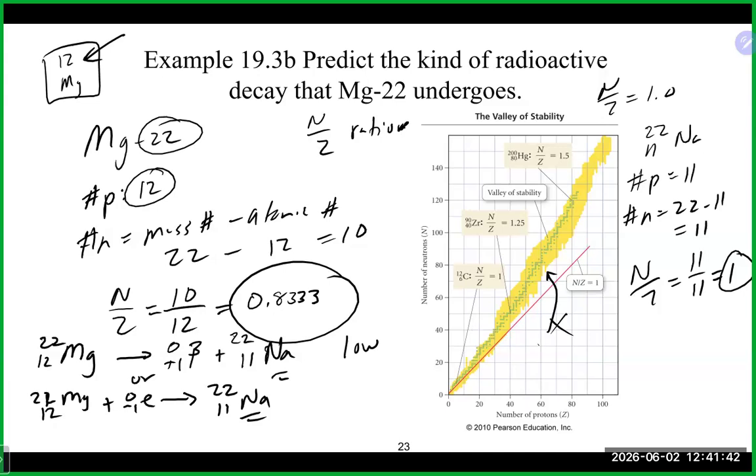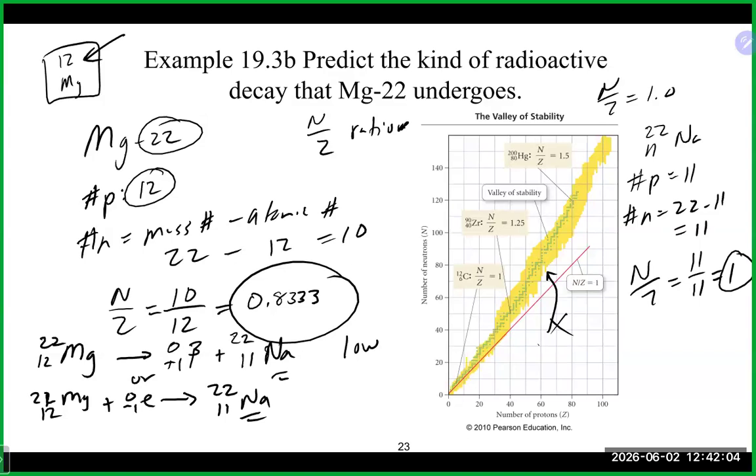This will not always be the case. It will not always, after the first decay process, hit perfectly stable. But once again, it should be moving you towards that valley of stability in terms of its ratio. You do not typically on these types of problems need to keep going until you get something that's perfectly stable. Just do the first decay process that it will undergo.